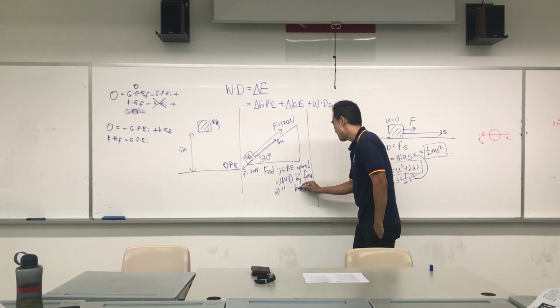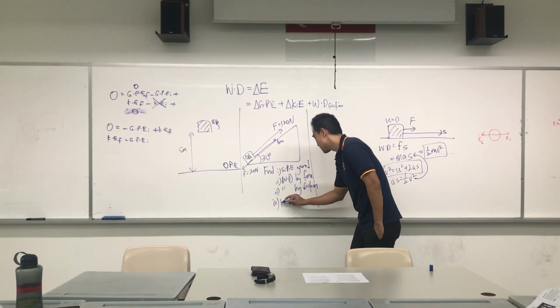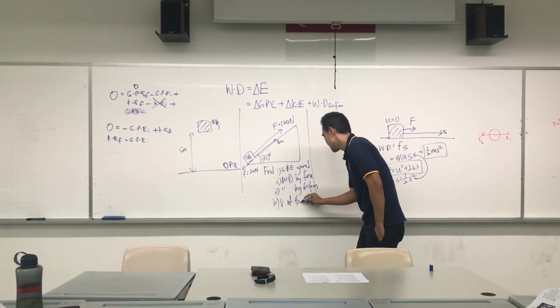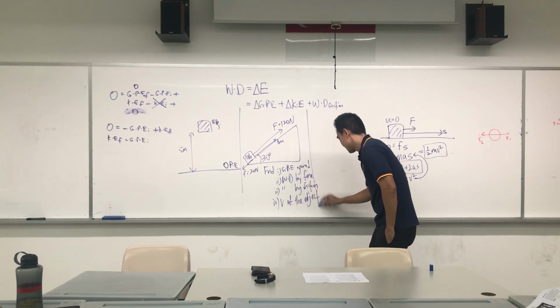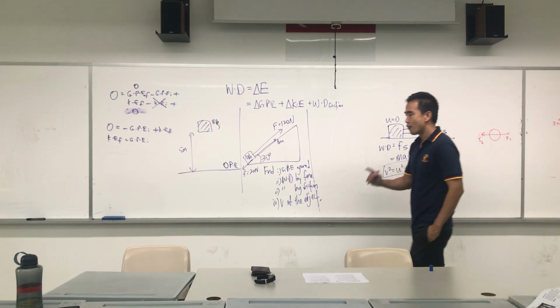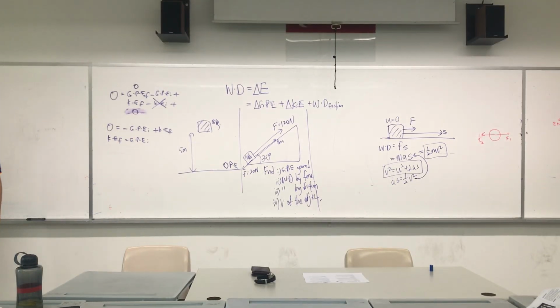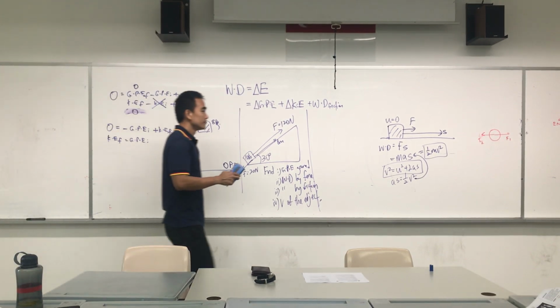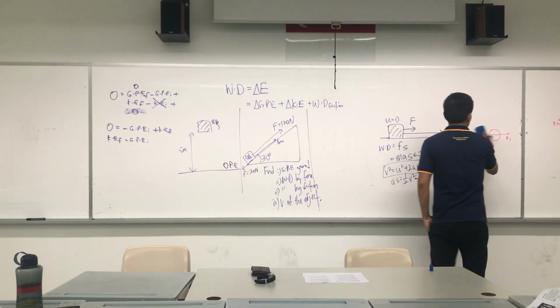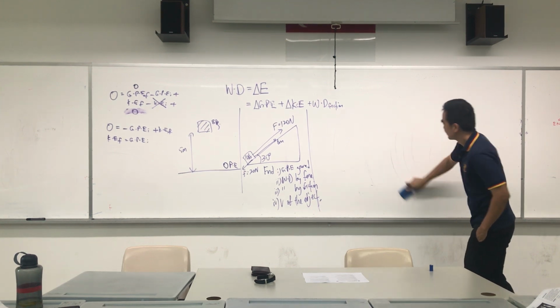Find the work done by the friction, and hence find the velocity of the object. Be very, very careful of whatever you substitute inside the equation. This question is designed for certain things. I leave it to you to find out yourself.